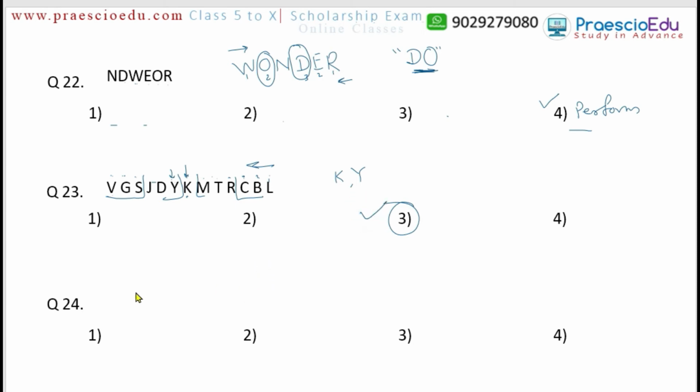Let's move to question number 24. Pinku peacefully and patiently completed the paperwork prior to the prescribed period. How many times is the letter P followed immediately by the vowel E? Now we have to find the letter P followed immediately by the vowel E, meaning PE.